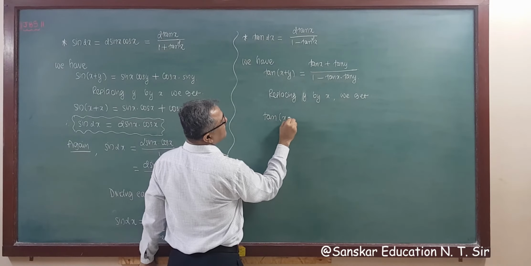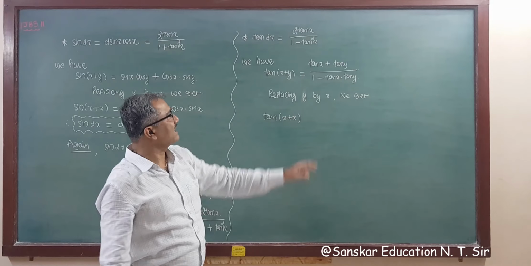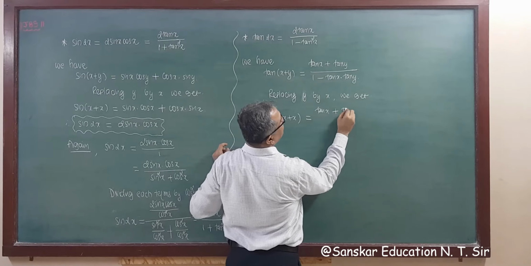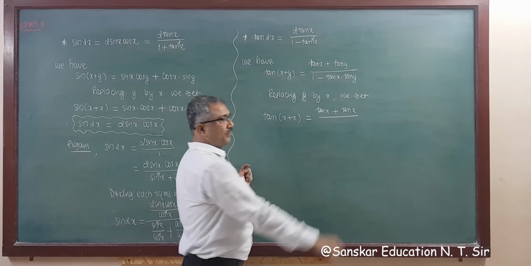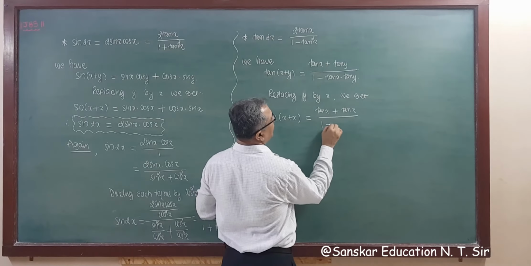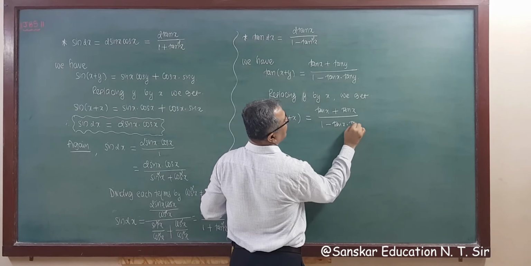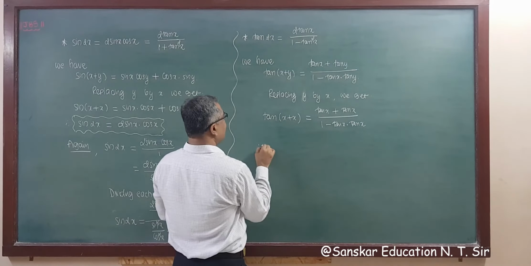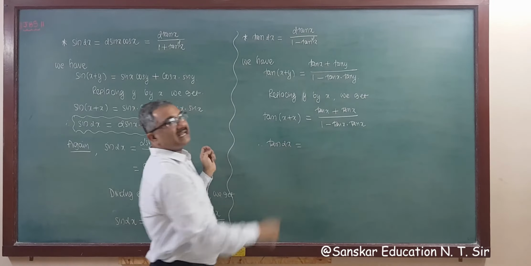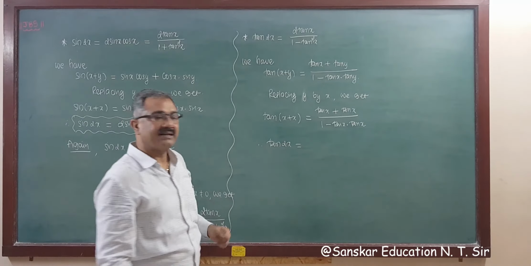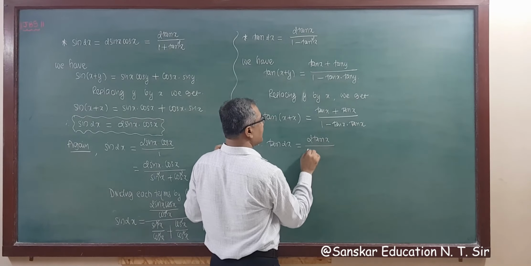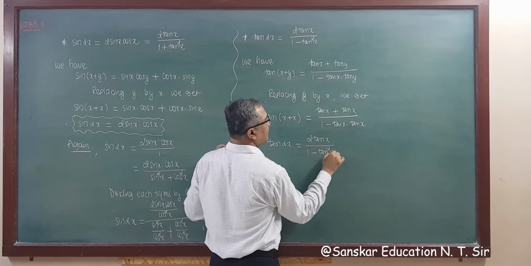We get tan(x plus x) is equal to (tan x plus tan x) whole upon (1 minus tan x into tan x), that is, tan 2x is equal to tan x plus tan x, that is 2 times tan x, whole upon 1 minus tan square x.